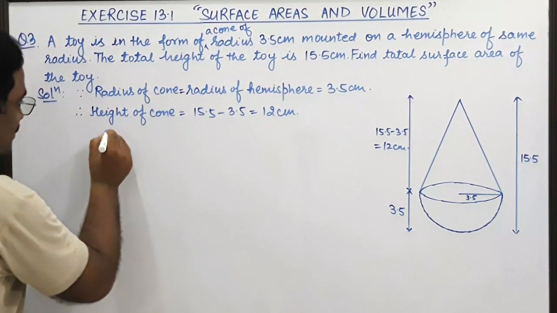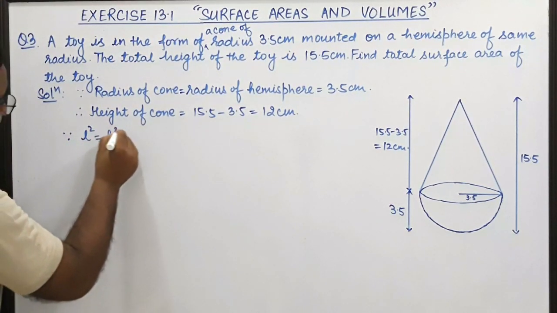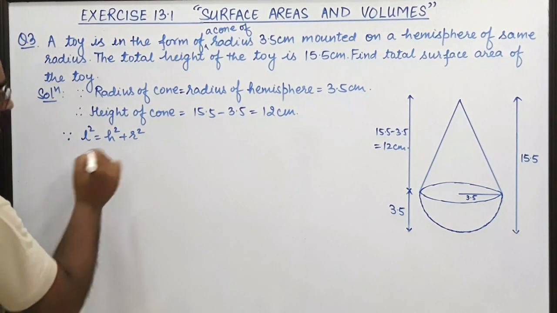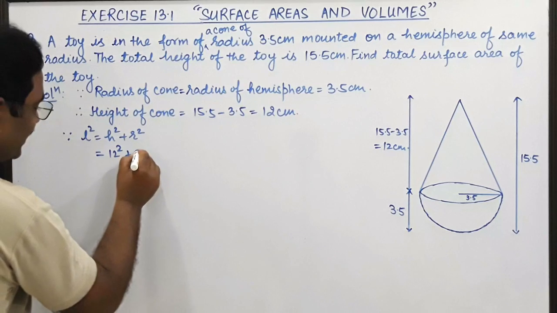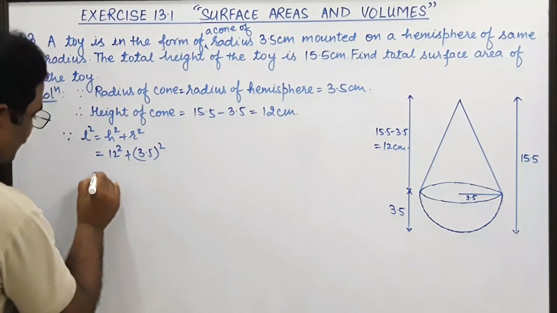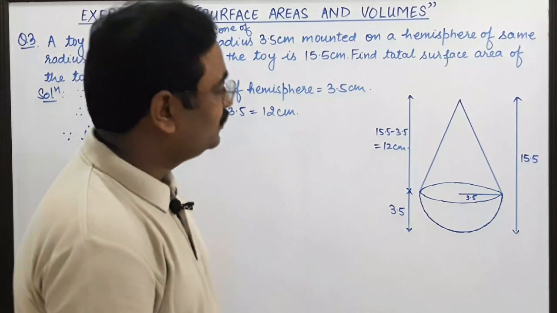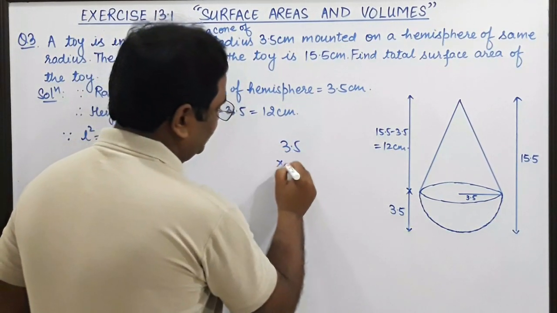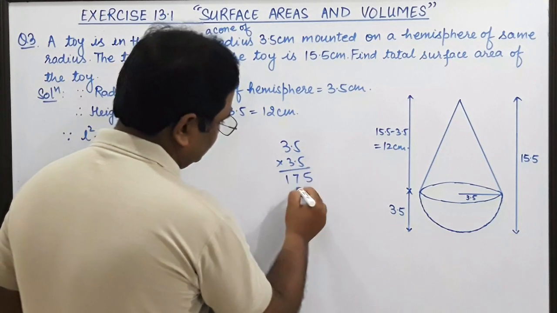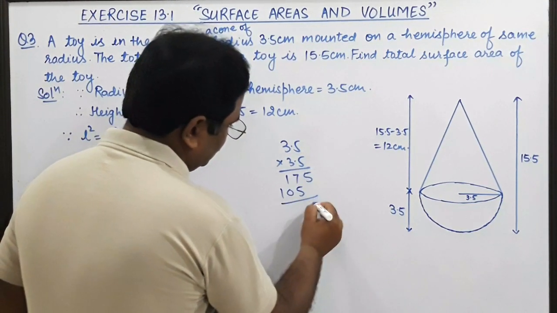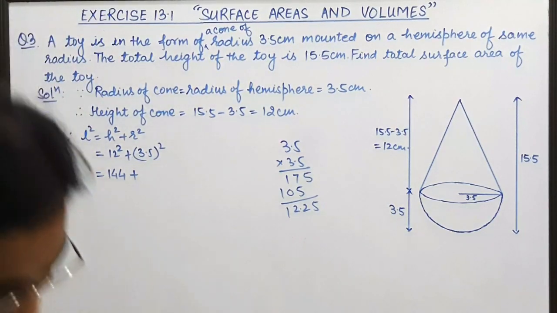Since L square is equal to h square plus r square, the height is 12 centimeter, so 12 square, and the radius is 3.5 centimeter, so 3.5 square. That is 144 plus 3.5 into 3.5, which we need to calculate first. 3.5 into 3.5 gives 12.25.